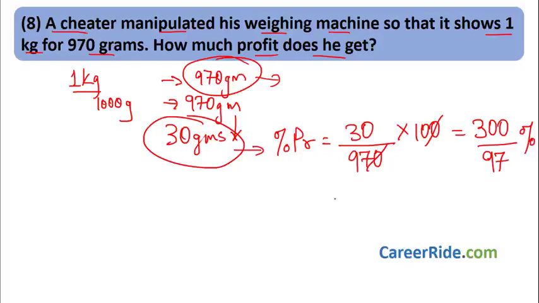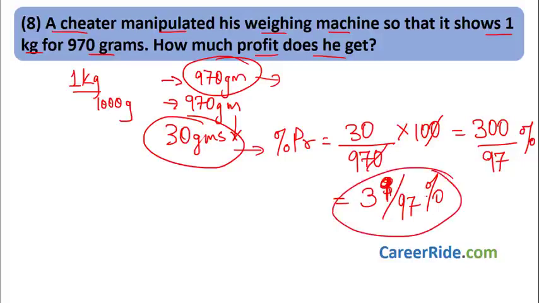This is the profit percentage. You can even have 97 into 3 is 291, so you will have 9 over here, 9 divided by 97, this much percentage. Okay, this is 3, 9 by 97%. This much is the profit what the cheater gets.